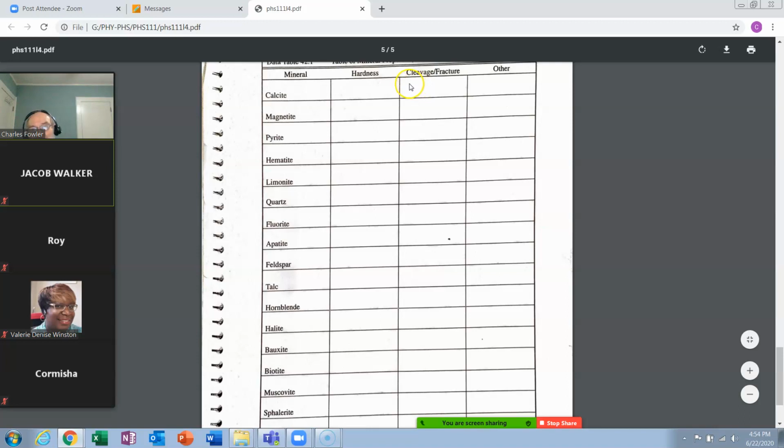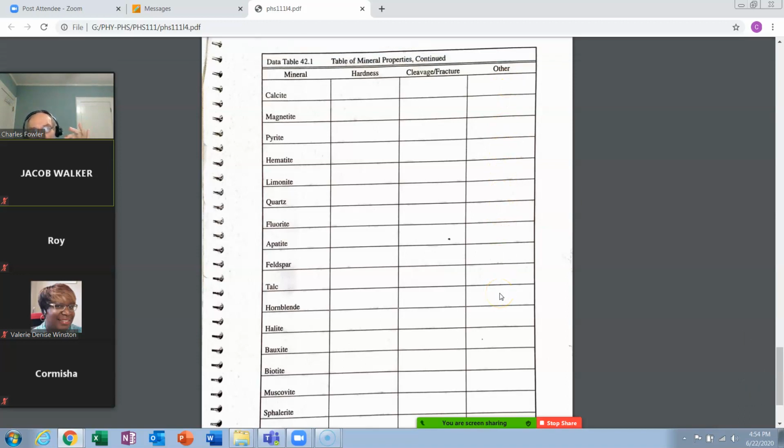You'll either say something about cleavage or something about fracture, or maybe a little bit of both. Then mark through other, and you write density up here, density or specific gravity. Either one of those will work, and that's what you'll put in this column. That's the very best property for classifying a mineral.